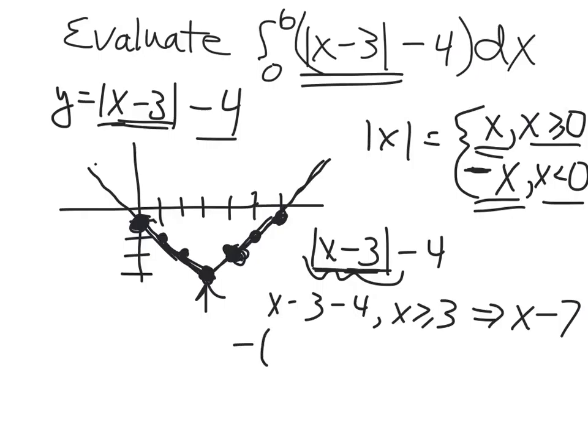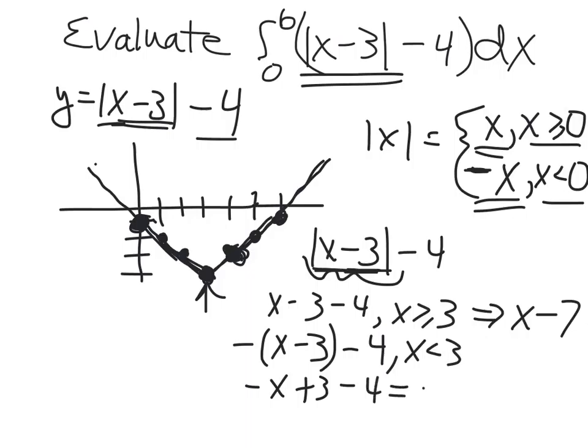Now we got to be careful because it's a binomial on the inside, but the opposite of the quantity x minus 3, and then minus 4, and that takes a little bit more work to simplify, but we'd have negative x plus 3 minus 4, or negative x minus 1 as that part of the graph. Now think about this looking at this line right here. Okay.